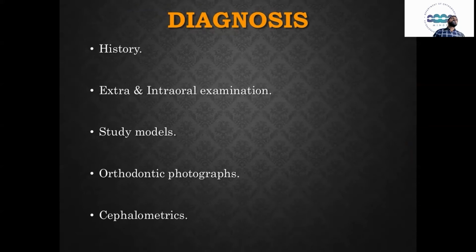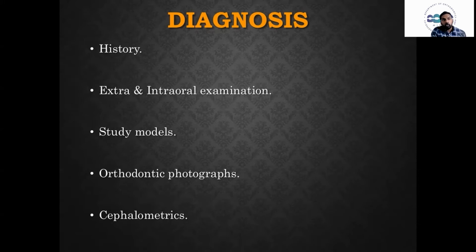How will you diagnose? I said the clinical features are okay. Other than that, these are the essential diagnostic aids. First is taking the history, the case history. Then clinical examination, that is the external and oral examination. The third one is the study model.